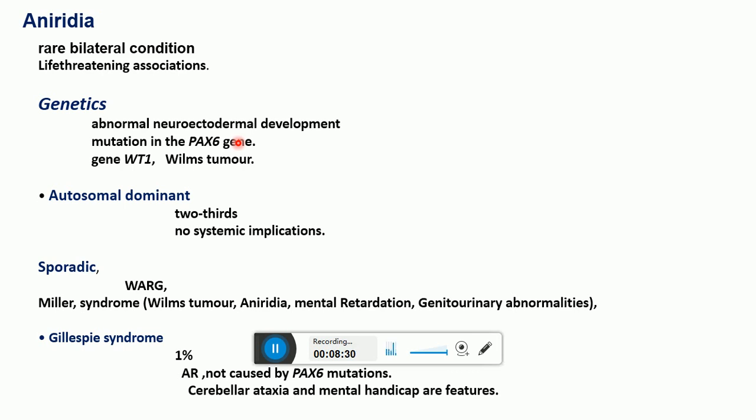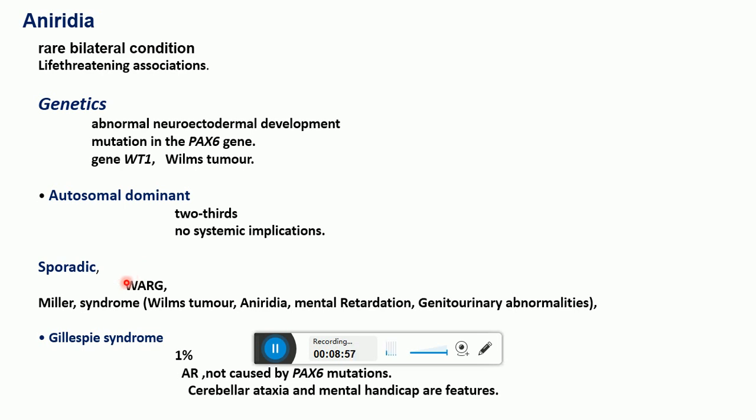There is autosomal dominant type, sporadic type, and Gillespie syndrome. The autosomal dominant type accounts for about 2/3 of cases and has no systemic implications. Penetrance is complete, which means all patients with the genotype will have the phenotype, but expressivity, meaning severity, is variable.